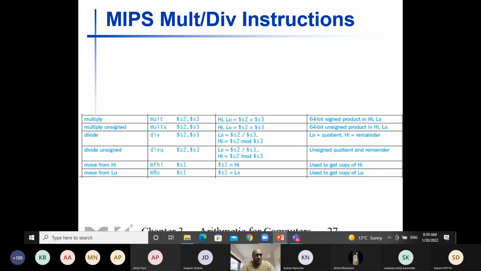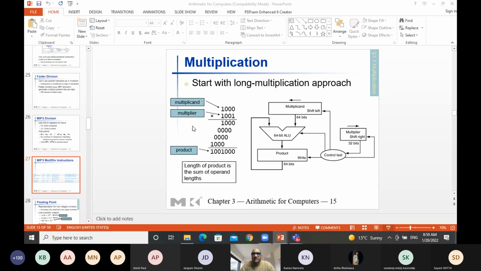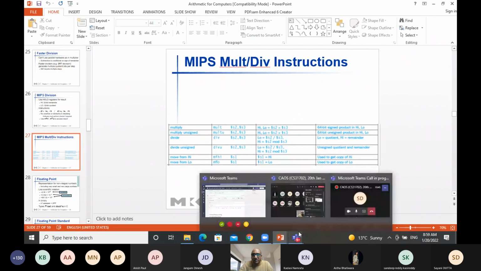Okay, so we'll stop over here, and in the next class we'll start the next topic. It is an important one, a core part of the architecture, that is the designing of the processor. So far we have seen some components which perform the basic operations, and now we need to control all these things.